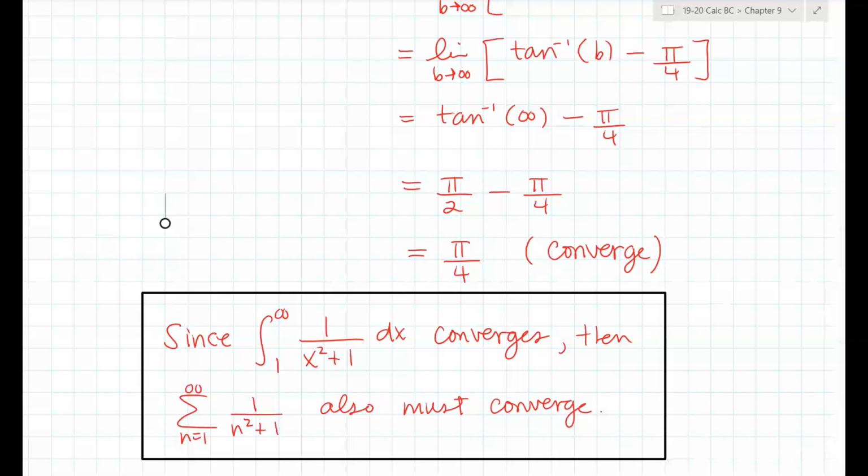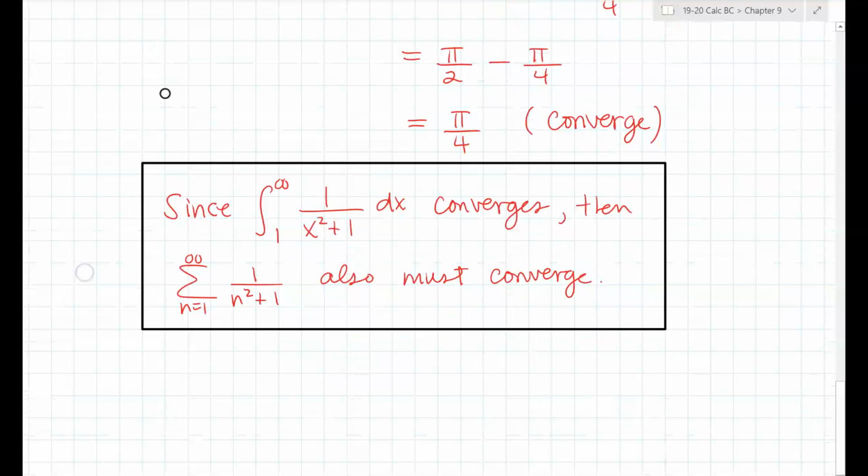So let's just do one more example of this type, and then I'll let you guys start doing your work. Let's see. So example number 3.